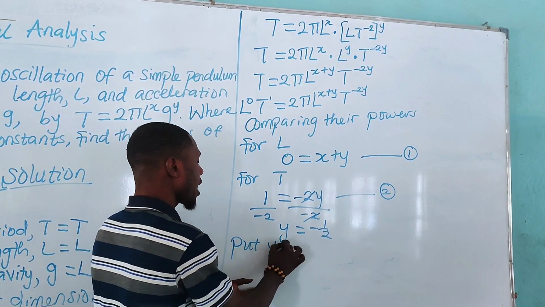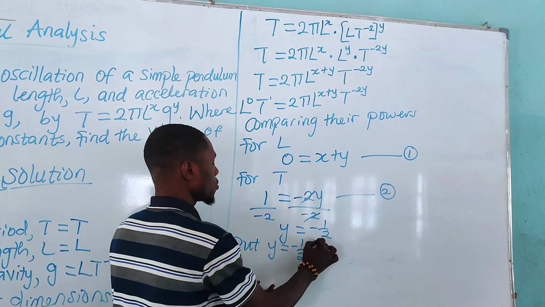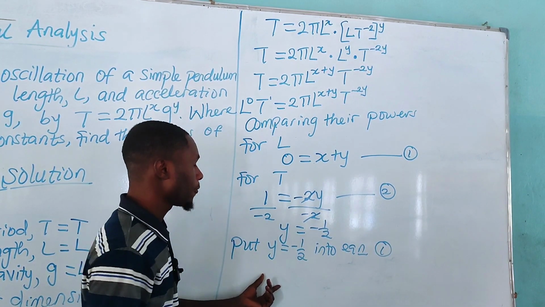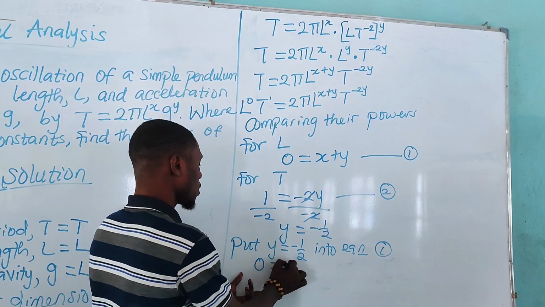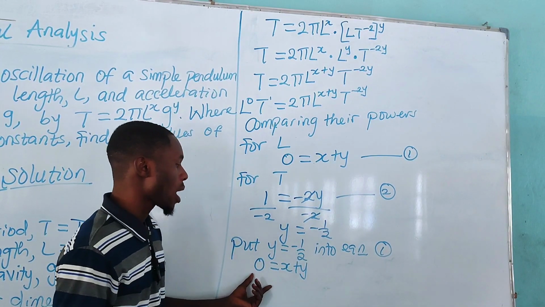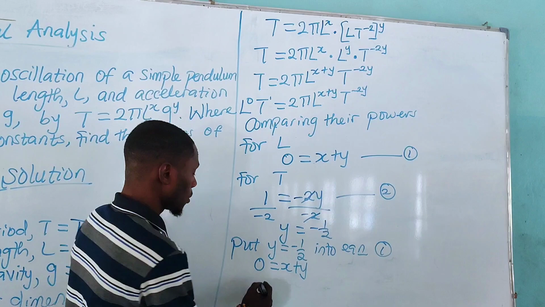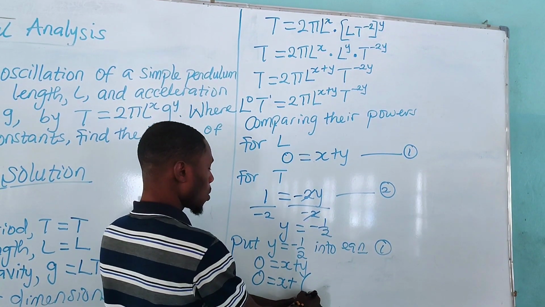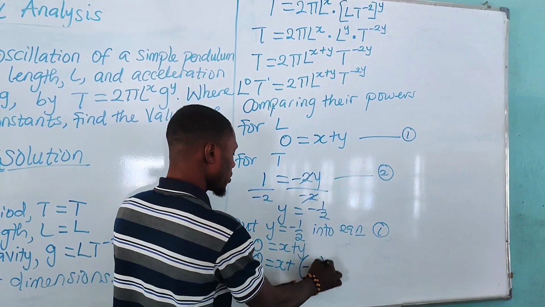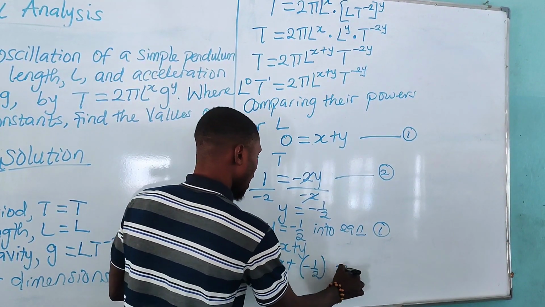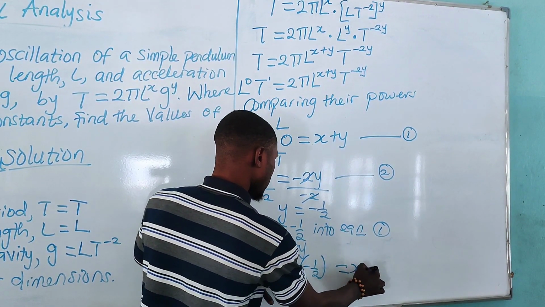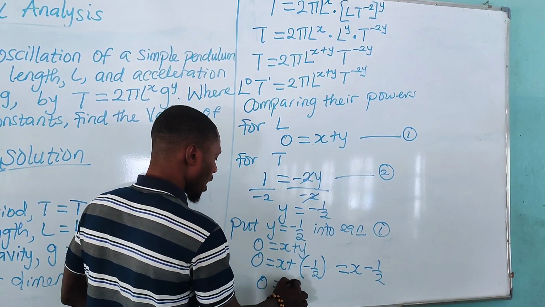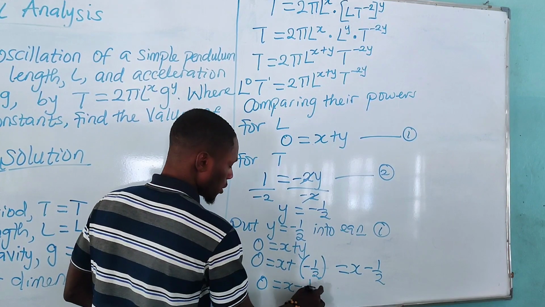From equation 1, we have 0 is equal to x plus y, so 0 is equal to x minus 1 over 2.